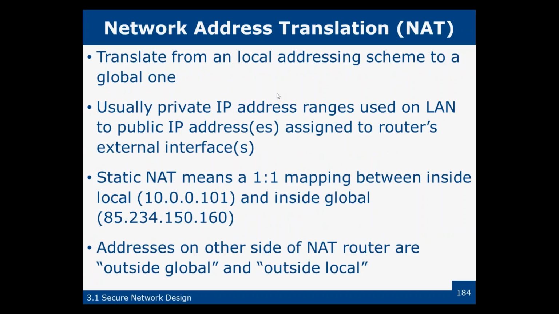Network address translation, I know, was covered in Network Plus, but let's go through it quickly. It translates a local address to a global one, or to a routable internet address. Remember, the private addresses that we use on our network are not routable. The 10s, the 172s, and the 192s are not routed on the internet.